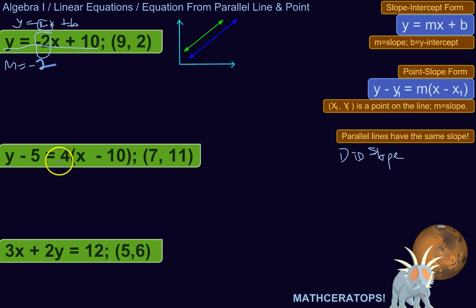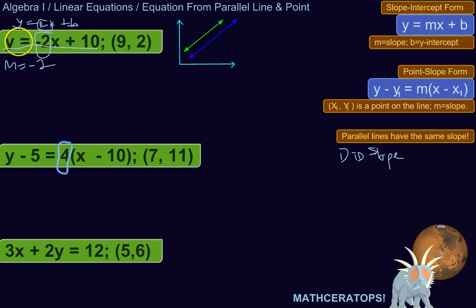Now here I've got something in the point-slope form, which also tells me exactly what the slope is just by looking at it. Here I've got an equation that's in the standard form. I can't just look at this and immediately tell what the slope is, but I could turn it into one of these forms. I'd probably convert that into slope-intercept form, and then it would be obvious what the slope is.